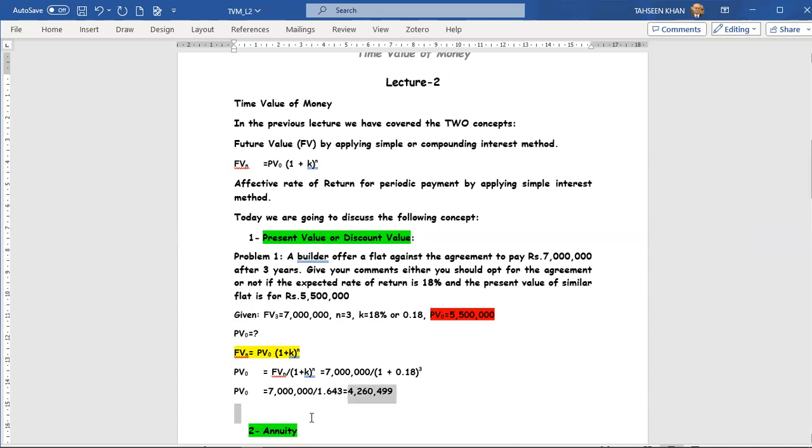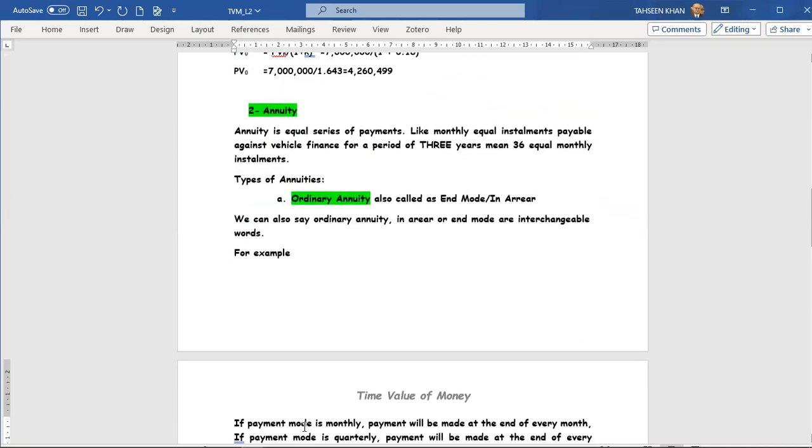Our next concept is annuity. First of all, what do we mean by annuity? Annuity is an equal series of payments, likely monthly equal installments payable against vehicle finance for a period of 3 years, meaning 36 equal monthly installments. Similarly, annuities can be quarterly, semi-annual, or annual. There are two types of annuities. First is the ordinary annuity, also called end mode or in arrear.